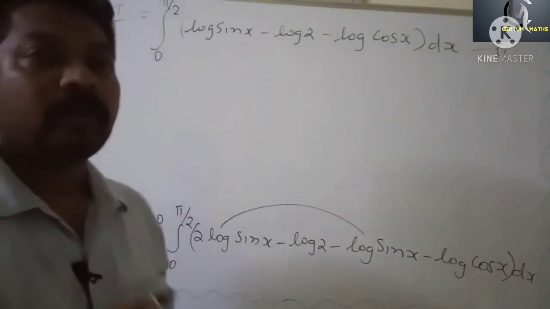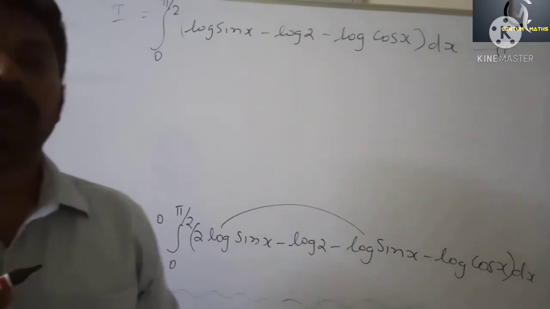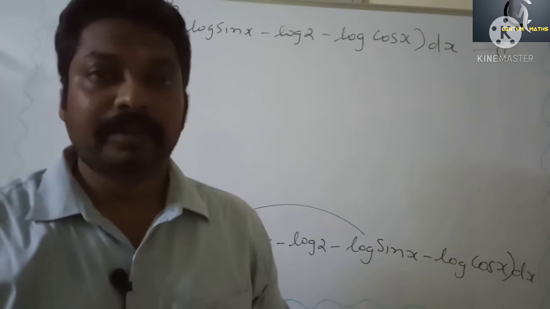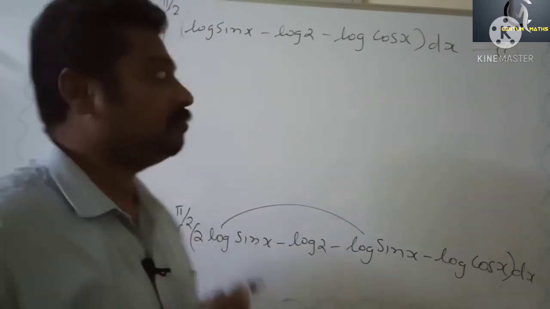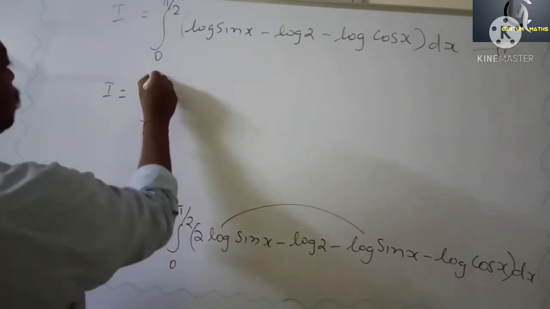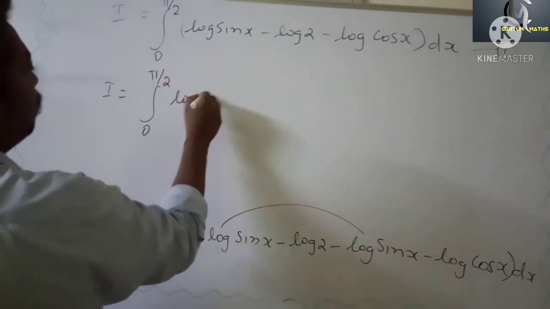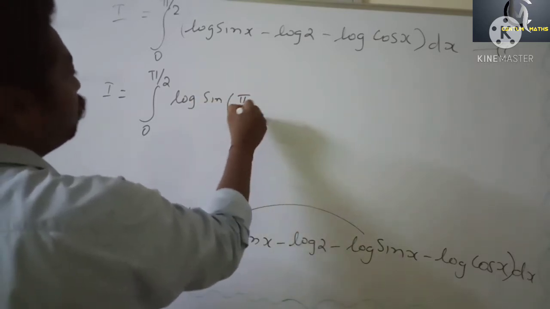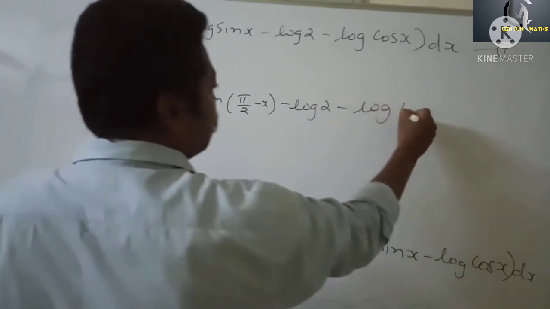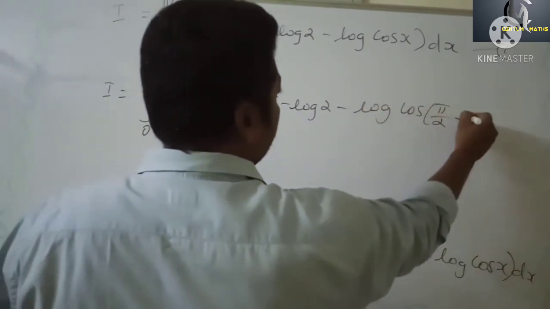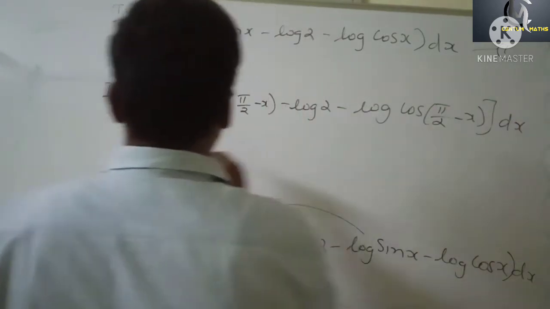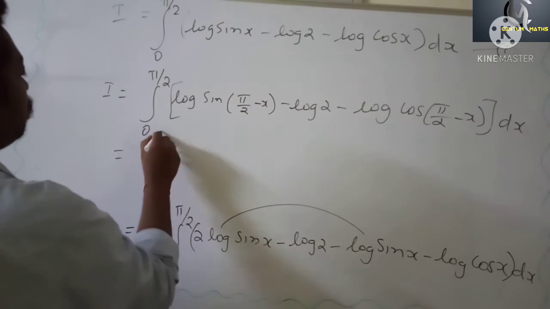Now we are going to use the formula integral 0 to a f of x dx equals integral 0 to a f of a minus x dx. So I equals integral 0 to pi by 2 log of sin of pi by 2 minus x minus log 2 minus log cos of pi by 2 minus x dx, which equals integral 0 to pi by 2.